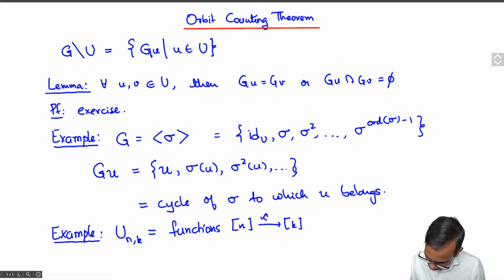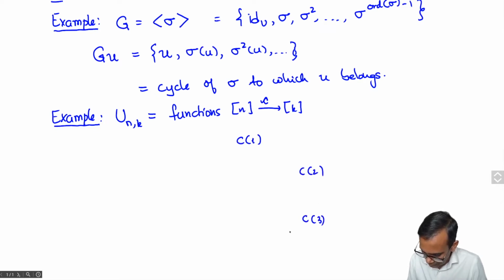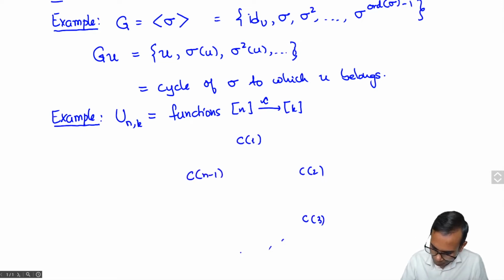So these functions I'll call C. Necklaces with N beads and K colors is what I'm heading towards. So the way I'll represent such a function is I will write down the numbers 1 to N in a circle, and then each of them will have a certain color. So we'll have C1, C2, C3, and so on, all the way up to Cn minus 1. And we'll think of these as forming a necklace.